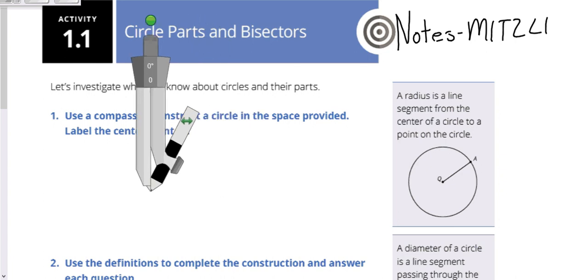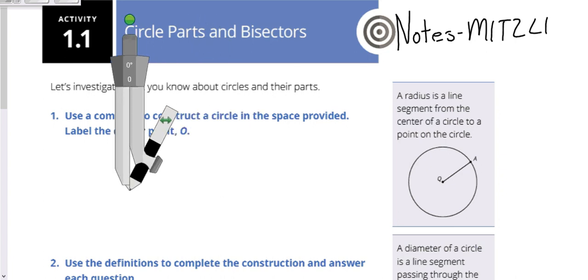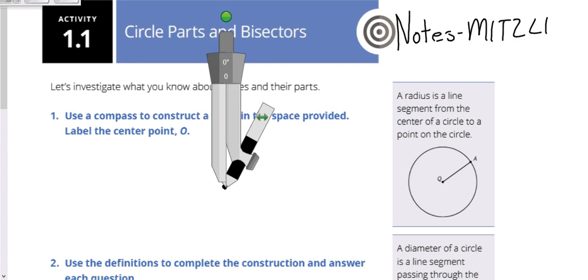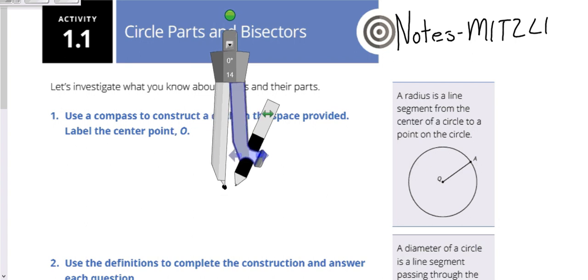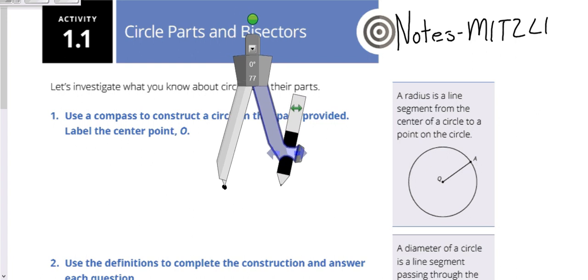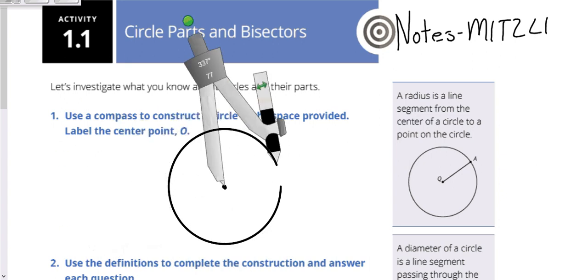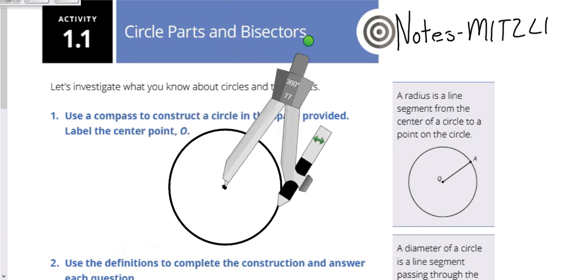I'm just going to pick a center point, and then I'm going to work off of that instead of trying to estimate where my center point is. Doesn't matter how big. You don't want it so big that you can't see what you're writing.